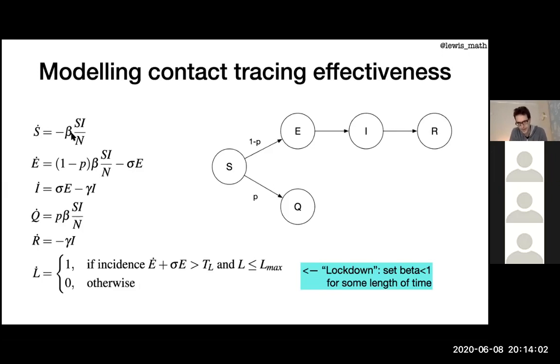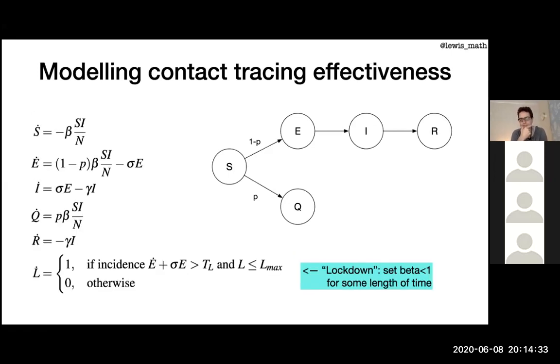And so we get controlling the outbreak through social distancing, through lockdown. That's one of the things that we do. We build in some length of time here. In some versions of the model, we have a maximum capacity for lockdown, and then you just get sick of it. You can't lock down for an entire year, and you open up again and the thing takes off. So these are all parameters that we can play with.